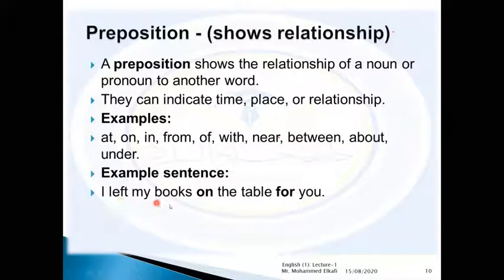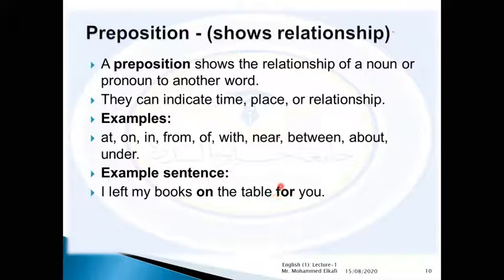I left my books on the table. There is a connection between what? Books and the table. So we use on to indicate the relationship between books and the table. Books on the table. Why for you?